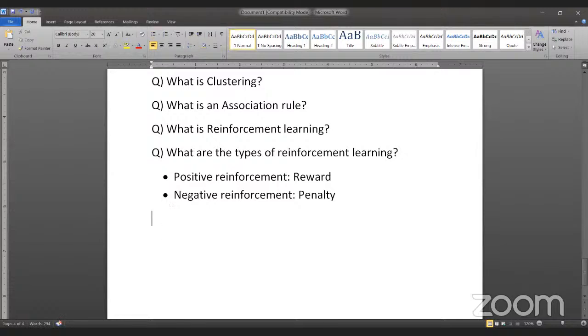Next, let us see some algorithm questions. So what is linear regression?